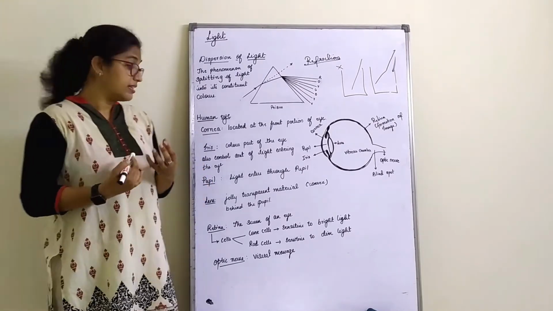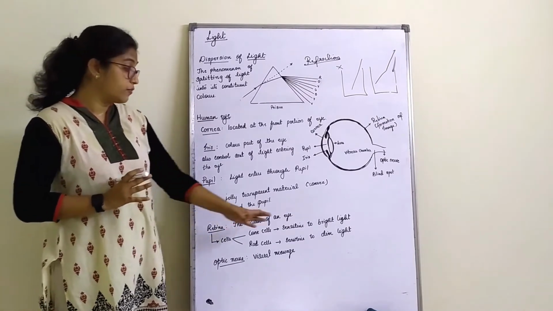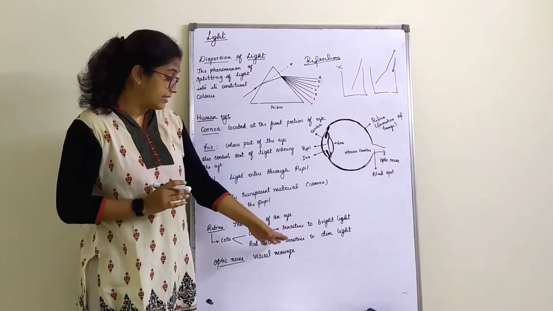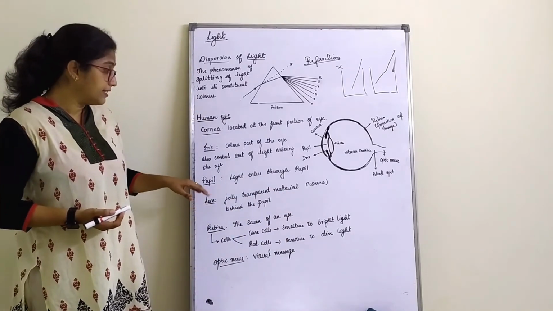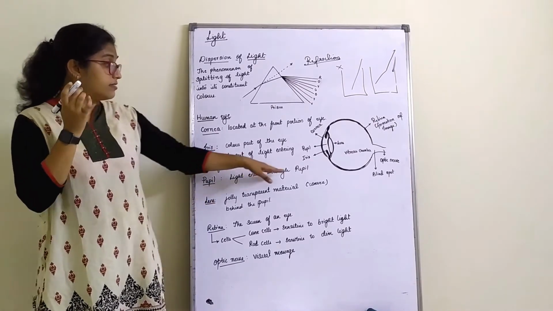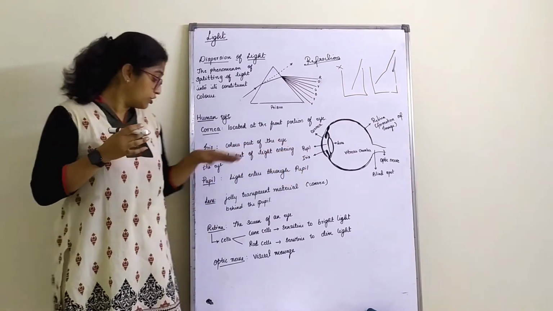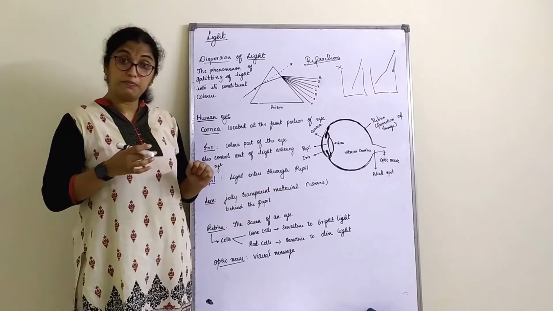Am I right? So that is nothing but the cone cells and rod cells working, which are sensitive to bright light and sensitive to dim light. One more point I must tell here: light enters the eye through the pupil, not in the pupil, in the lens. It is a jelly-like transparent material behind the pupil.